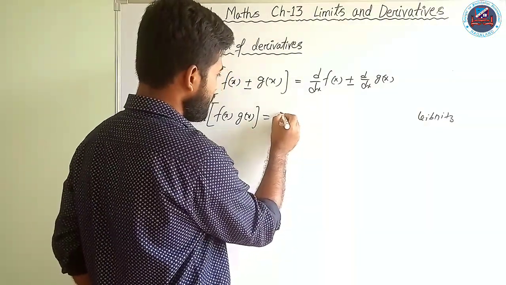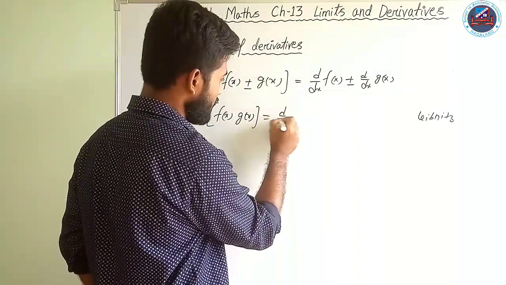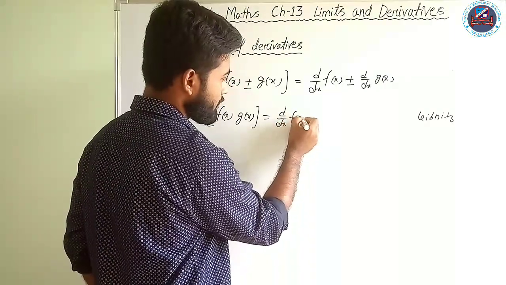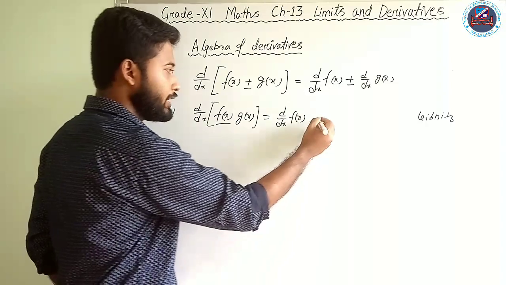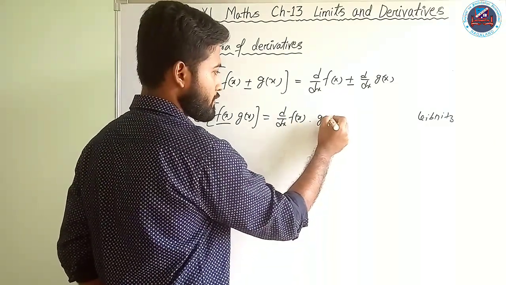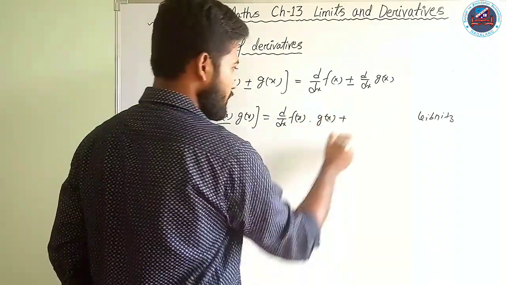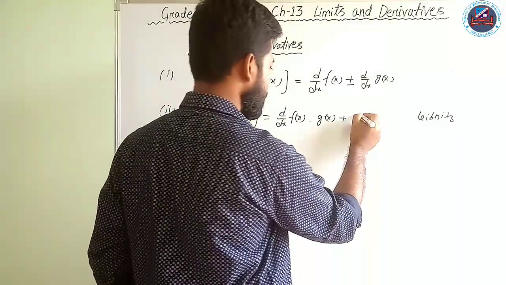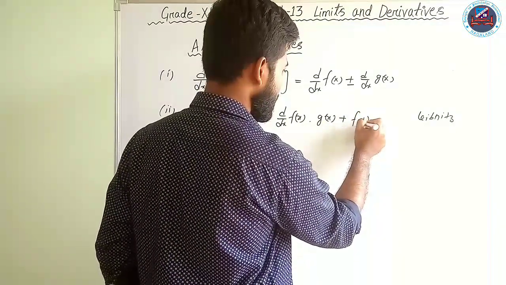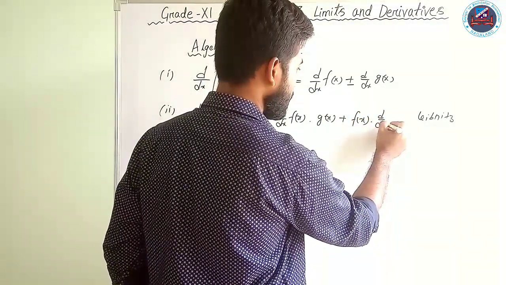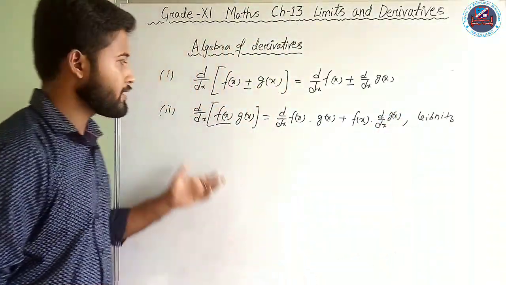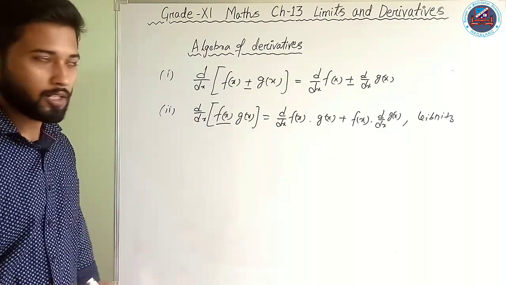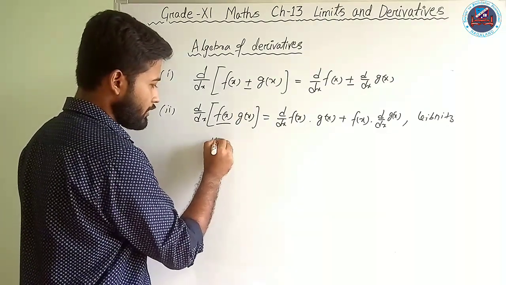At first, take the derivative of the first function, d/dx of f(x), then keep the second function as it is, plus the first function into derivative of the second function. So this is how we find the derivative of a product.